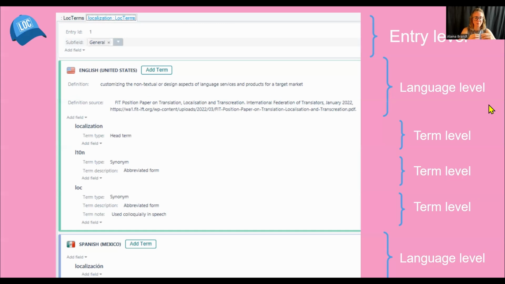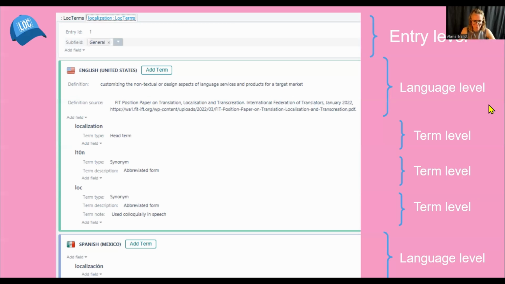So the subject field is already indicated just in the name of the project. So instead of collecting the subject field, we're collecting a subfield at the entry level. And our subfields include things like general translation and localization terminology, or concepts, I should say, technology management, language proficiency, theory, etc.